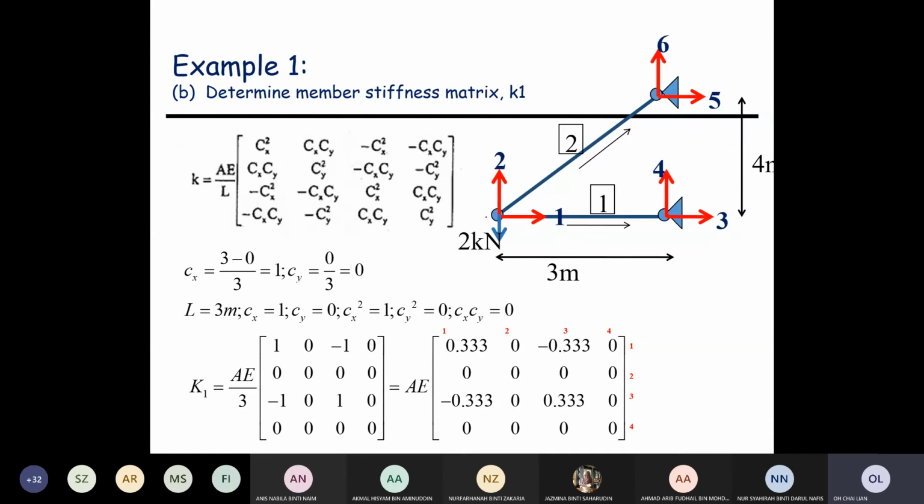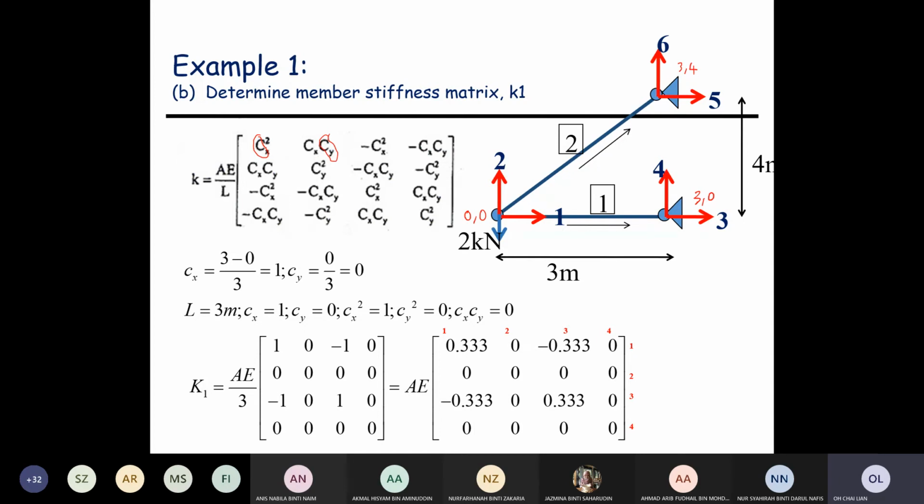So you can start your coordinate anywhere. Let's say 0, 0. Then this would be 3, 0, and this would be 3, 4. Now in this member stiffness matrix, we only need Cx, Cy, right?